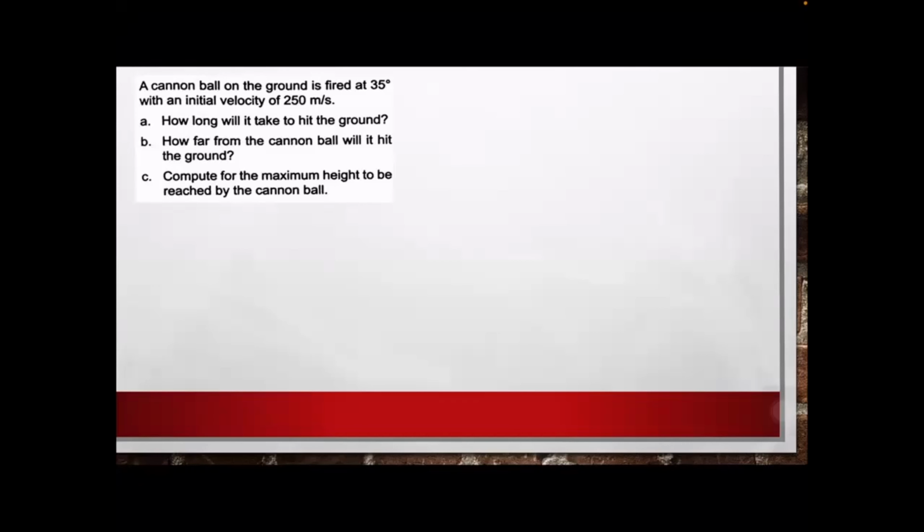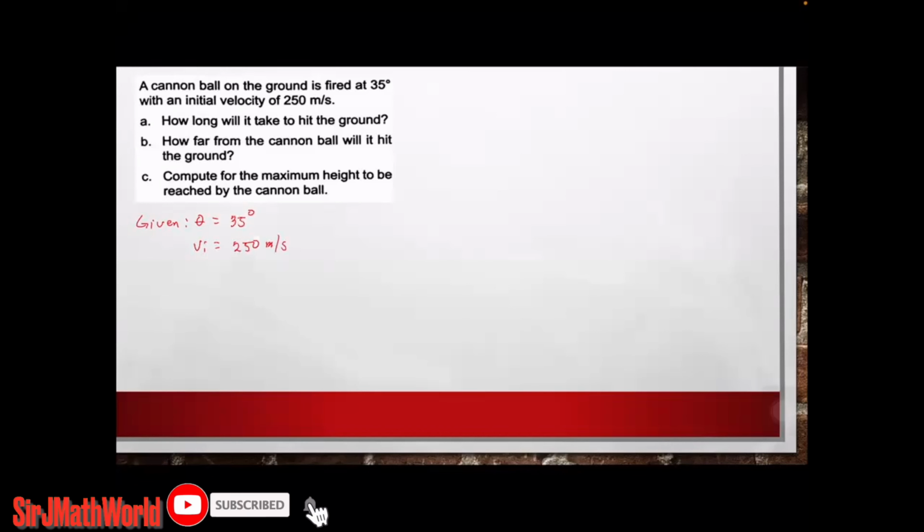So, what are the given? Let's identify the given. Theta is equal to 35 degrees. Vi is equal to 250 meters per second. Now, what formula are you going to use to find the time?